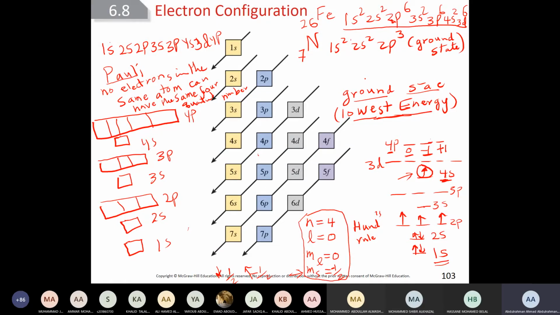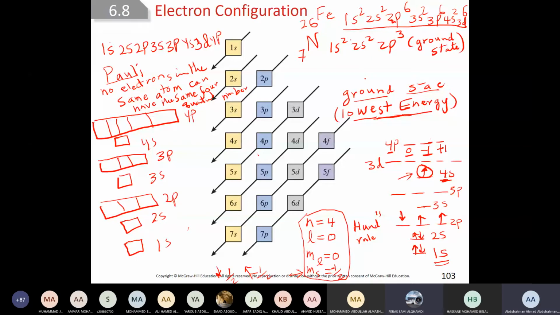Now, if I put the electrons like this, is this correct? No. Why not?